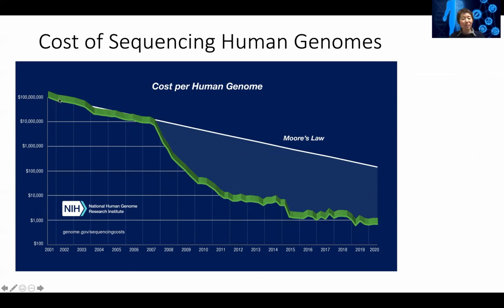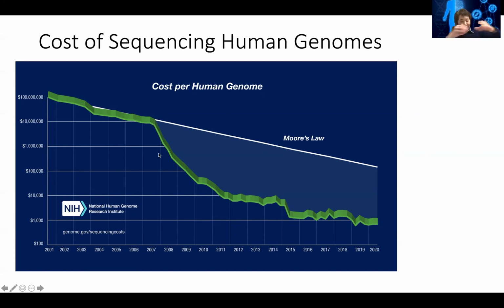The full human genome project at the time cost $3 billion, but because the technology was improving, by 2001, sequencing that same genome would have cost 100 million. Initially this was a small price decrease, but it kept decreasing as the technology improved until about 2007, when high throughput sequencing came around.